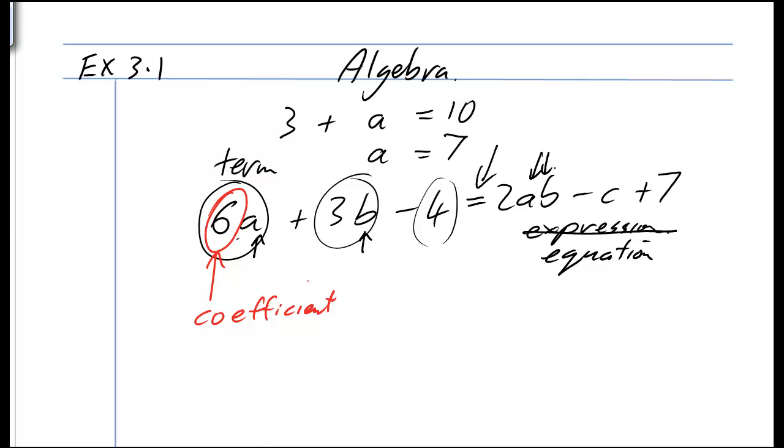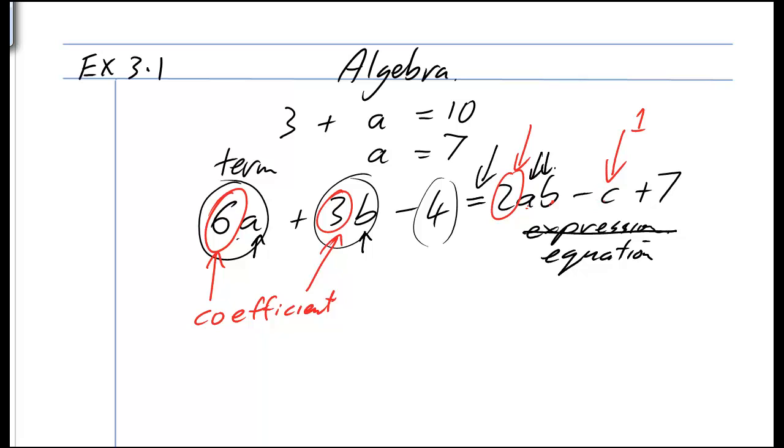The coefficient of B is 3. The coefficient of the AB term is 2. So the coefficient is simply the number that's in front of the letter. The coefficient of C is 1. If there's no number there, that means 1 times C.